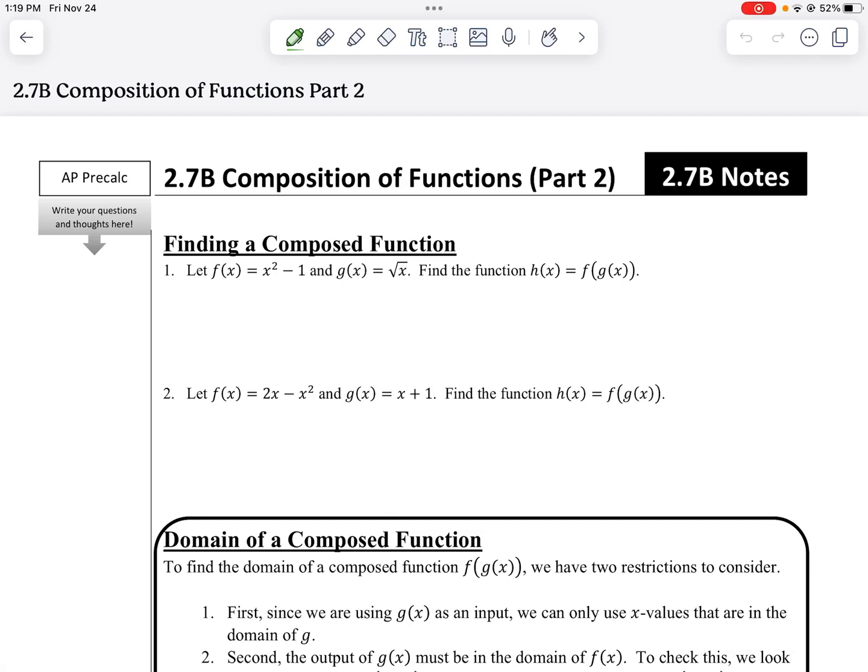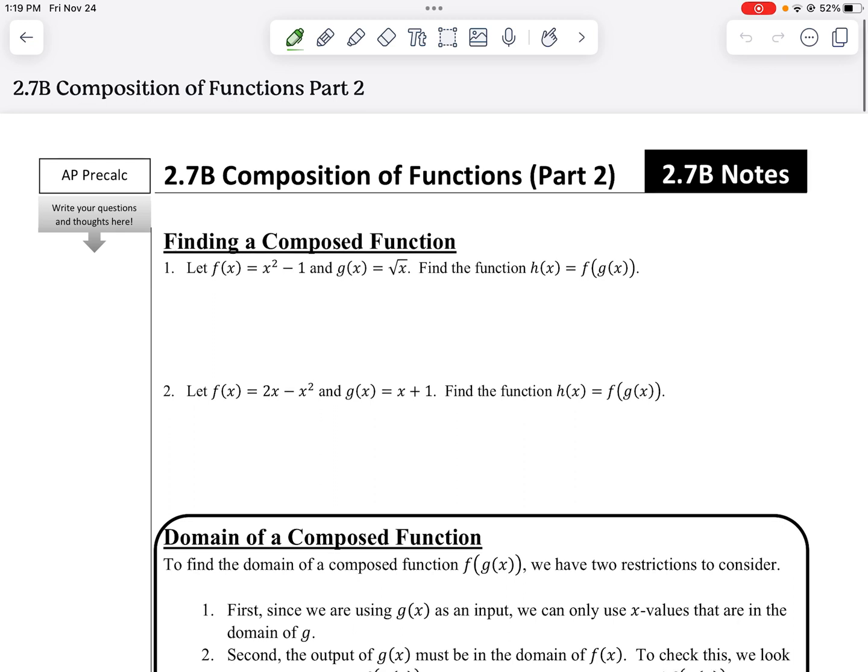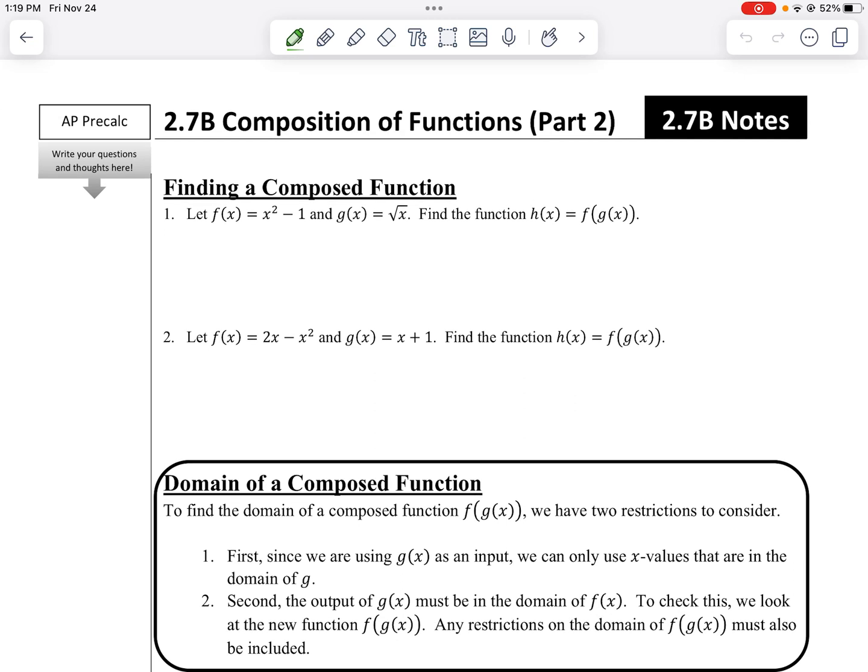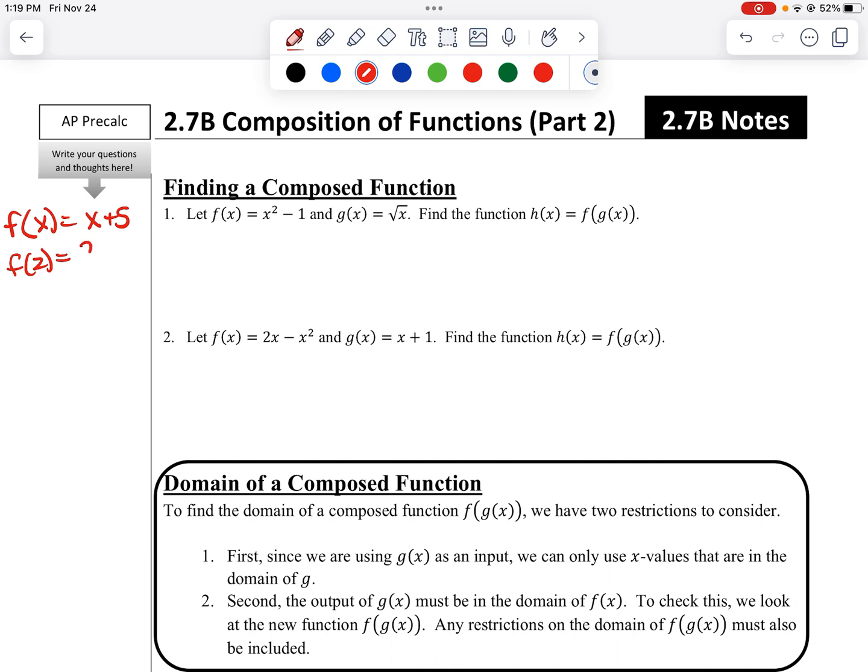So the second part of compositions we're going to take a look at is when, instead of using numbers, we're going to use the function instead. You guys did this last year, and this was probably the trickiest part to get used to. So I just want to say, if we had f of x equals x plus 5, and we said f of 2, do you guys agree you'd have 2 plus 5?